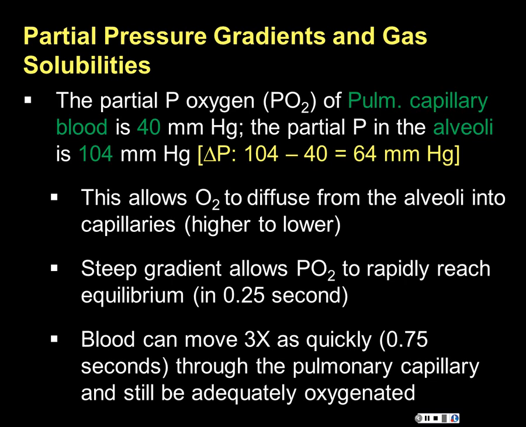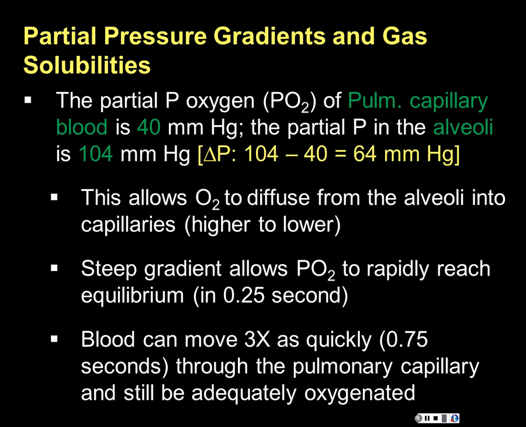Okay? And so if we look at the partial pressure of oxygen as blood enters the pulmonary capillaries, the pressure in the blood is low at about 40 millimeters of mercury. Yet in the alveoli, we said that we had that 100, 104 millimeters of mercury. So we have a pressure gradient between the alveolus and the pulmonary capillary.